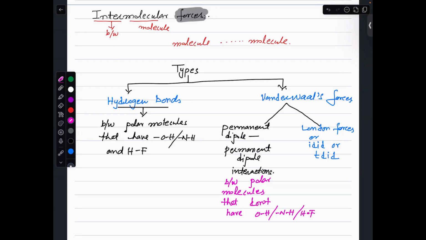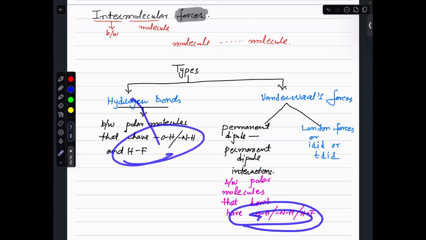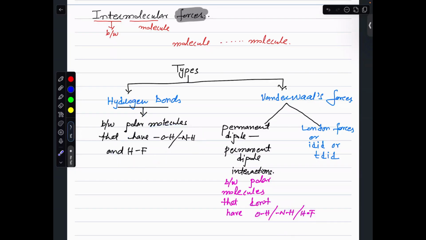Like polar with OH, NH, hydrogen bond; polar without OH, NH, permanent dipoles, PD-PD interaction. And ID-ID are present in all simple molecules.